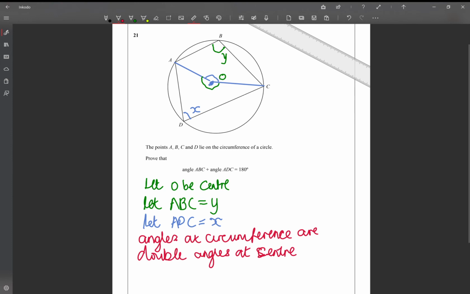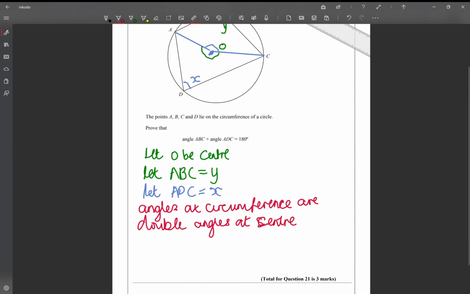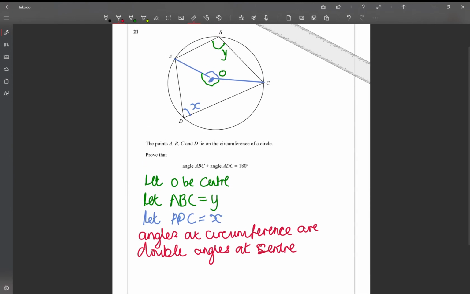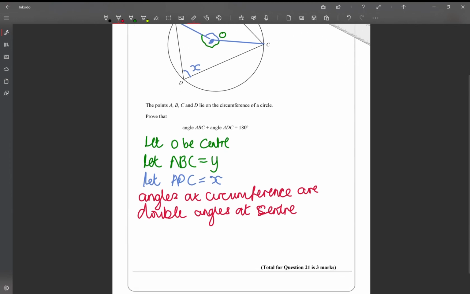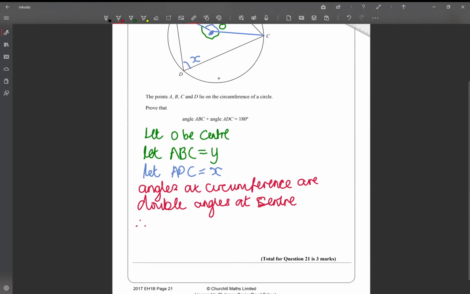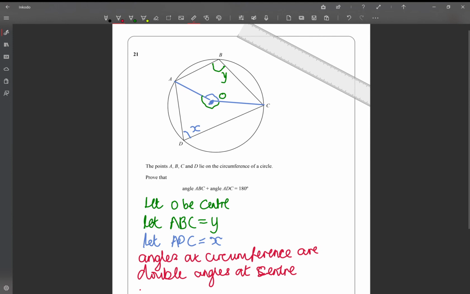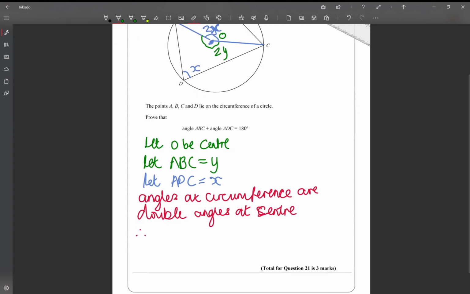Okay, so hopefully that, language-wise, should be enough to say why. Therefore, this one here would be 2x, and the other would be 2y. Okay, they're the same circle theorem, just the other way around.